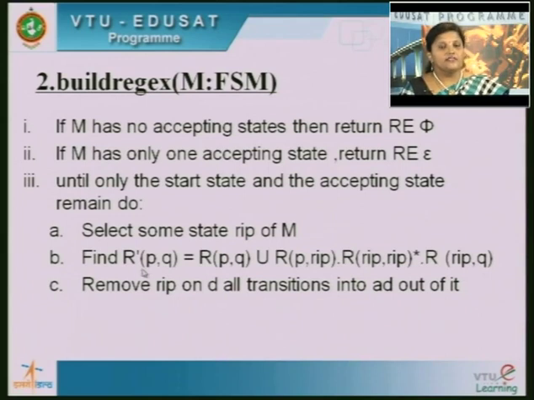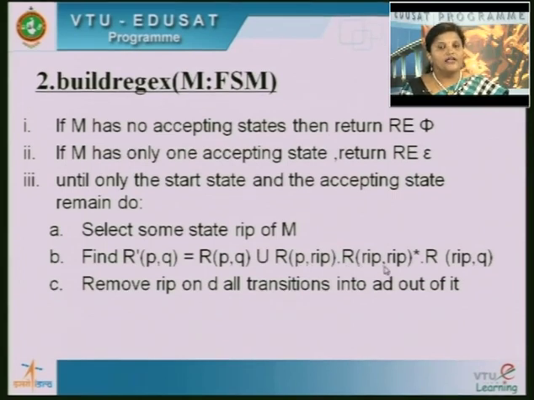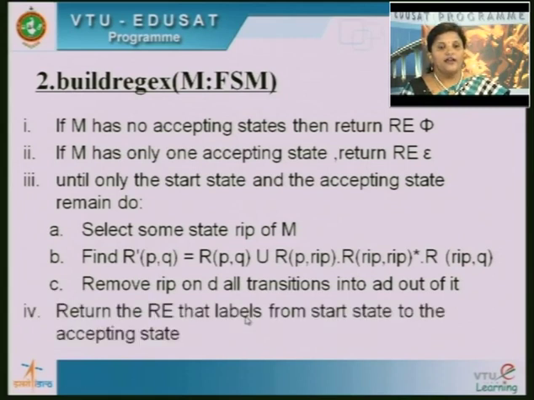As discussed previously, r dash of p comma q is given by r of p comma q union r of p comma rip dot r of rip comma rip star dot r of rip comma q. Using this formula you find the equivalent transition, and then remove the rip state with all transitions to it and out of it. Then return the regular expression that labels from the start state to the accepting state.